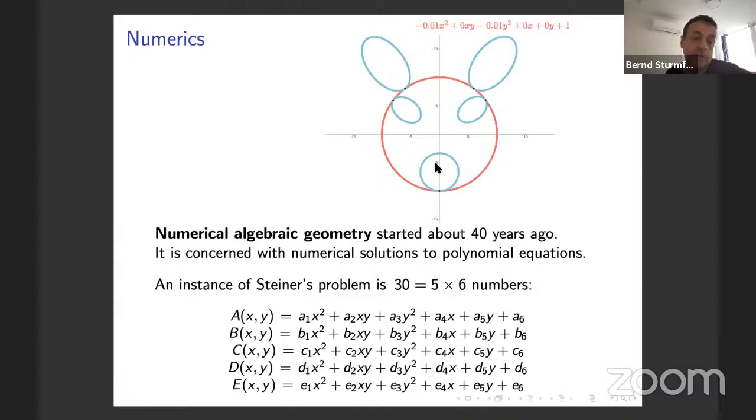Well, it's a system of equations because the instance of Steiner's problem, your 5 blue conics, are specified by 30 real numbers. So this is organized maybe as a 5x6 table of numbers, the coefficients A1, A2, all the way to A6. And those numbers specify the instance.